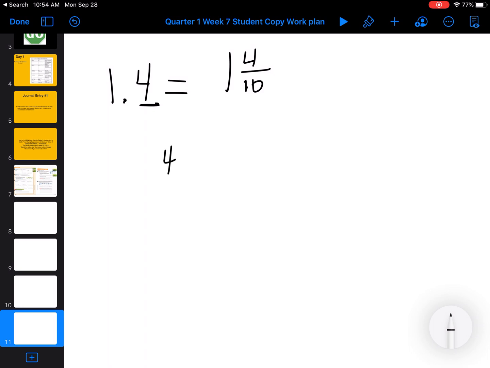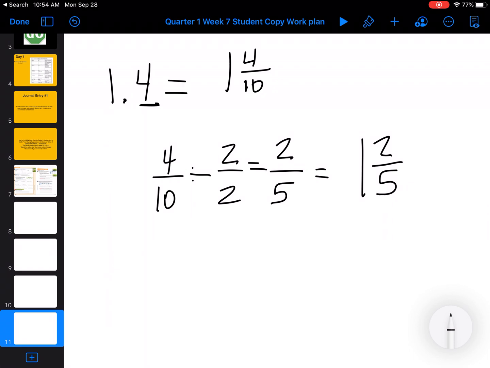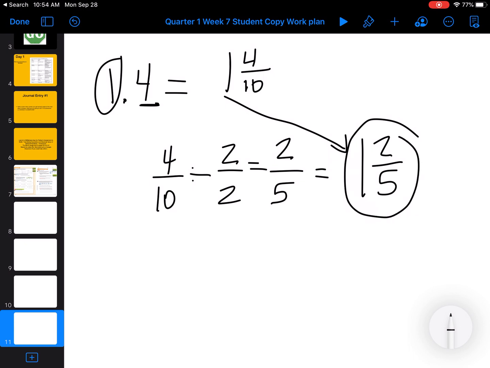However, that 4/10 can definitely be simplified. The number 2 fits into both 4 and 10 equally. 4 divided by 2 is 2. 10 divided by 2 is 5. So my new answer is 1 2/5, because you can't forget your whole number. Remember, that's where we got that whole number. So your final answer is 1 2/5.